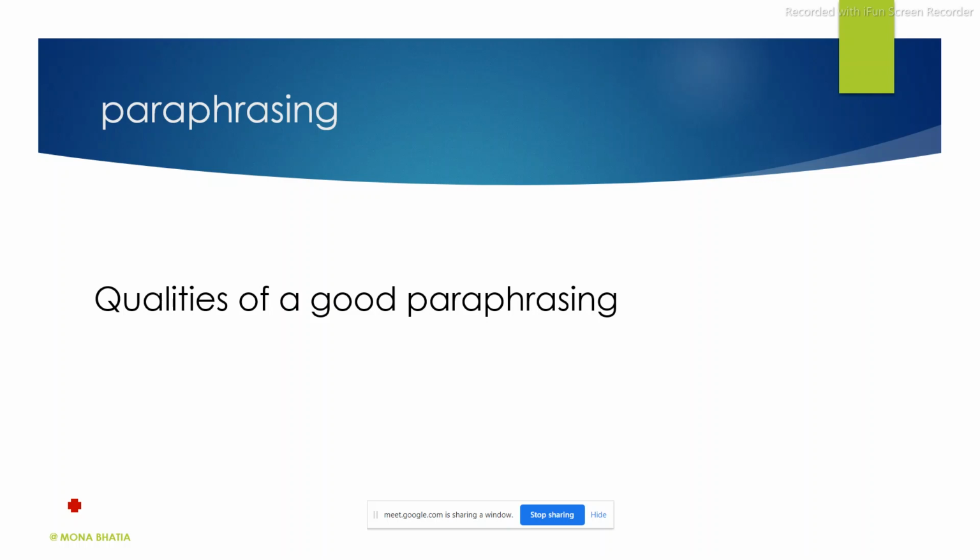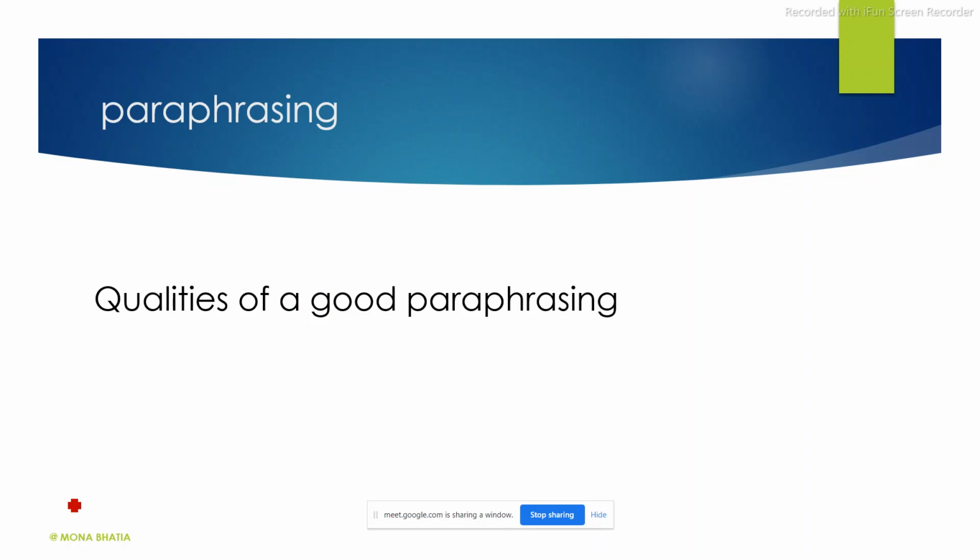Paraphrasing does not mean summarizing. It's different. While paraphrasing a text, we have to retain all the details. Okay? The objective of paraphrasing is to explain things but not to shorten them. A badly written text needs to be simplified in order to be understandable.